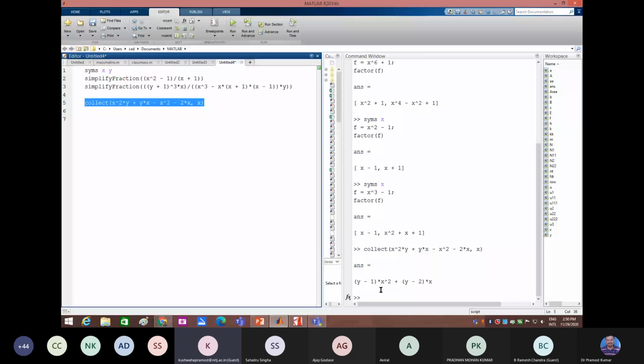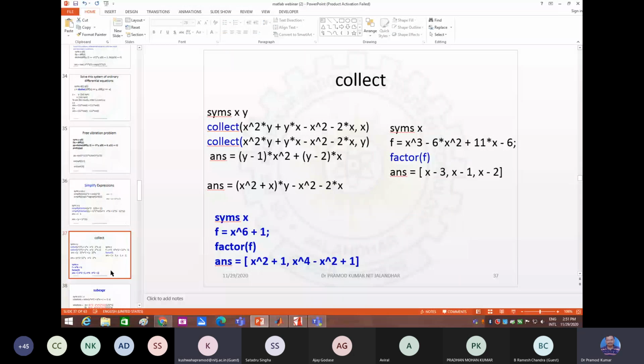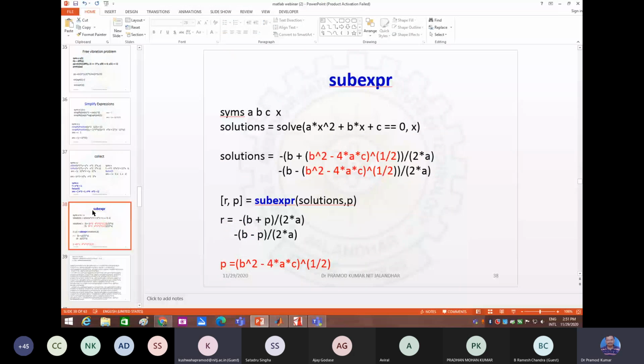It is collected the factor of x square, y minus 1, that is the factor of x square, and y minus 2 is the factor of x, so that we can take this fraction out, and we will use it in the subsequent expression. Now this is another collect. This we had discussed earlier also, substitute expression.